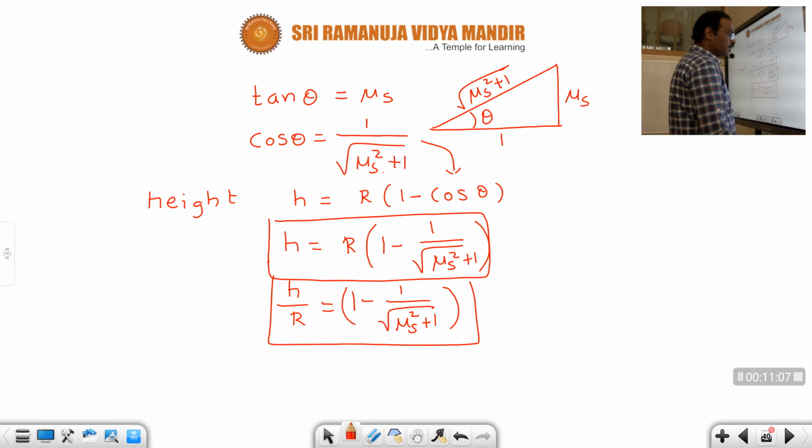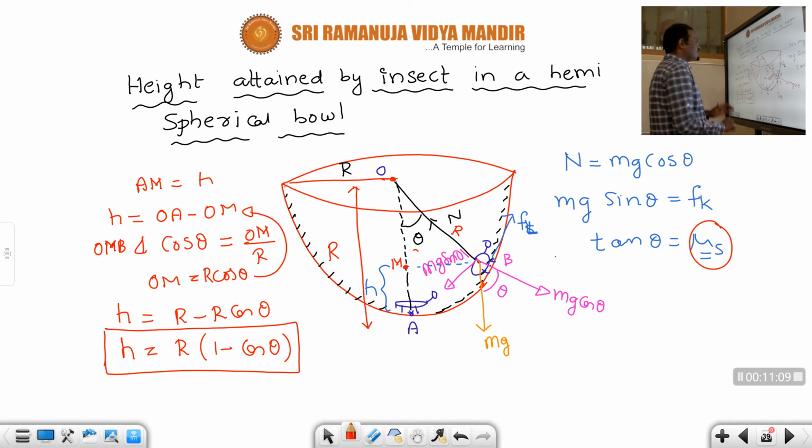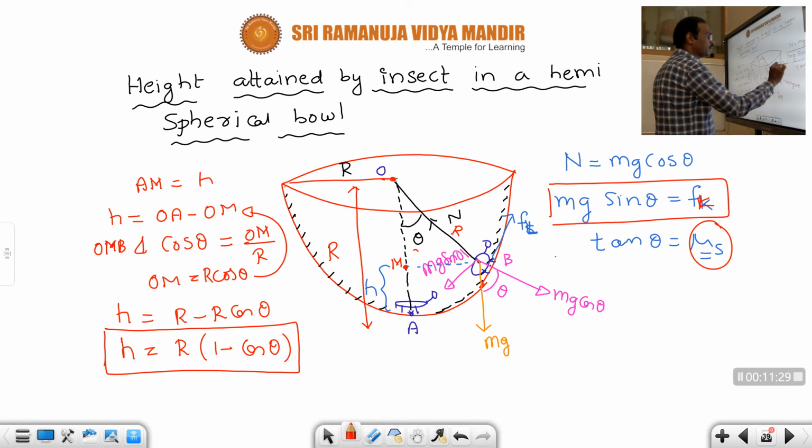Hope you understand the diagram and the situation. This situation is explained in terms of limiting equilibrium. This is called the static limiting friction FL. This is the limiting equilibrium concept. The insect crawls in the upward direction and is unable to move after the height h because of the force of friction.